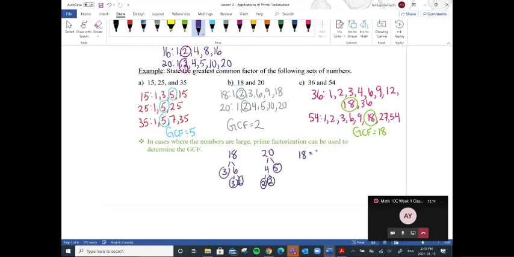So 18 would be 2 times 3 times 3. 20 would be 2 times 2 times 5. The only thing common in both lists is 1 2. A second 2 doesn't exist up here, and there's no 3s down here, and definitely no 5s up there. So all you would have there is just a 2. That might even be quicker than doing the list if you have to sit there with your calculator. This takes away having to do that.